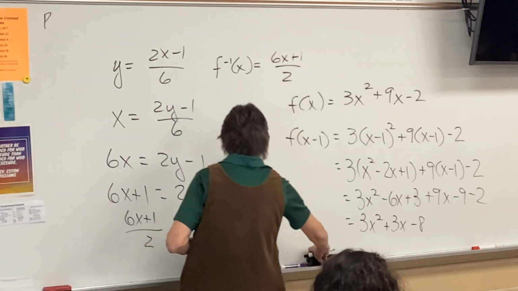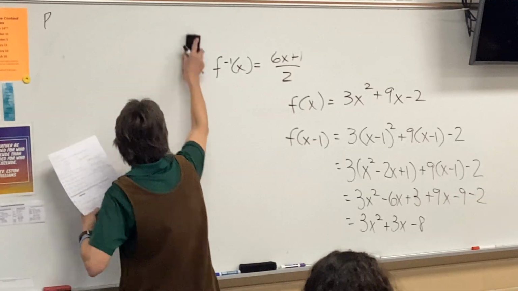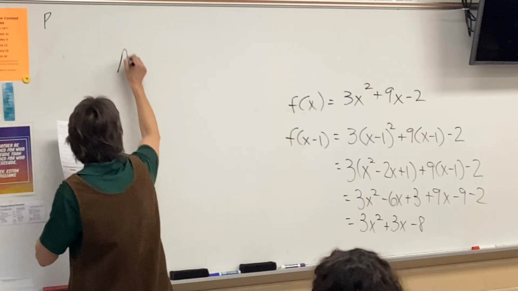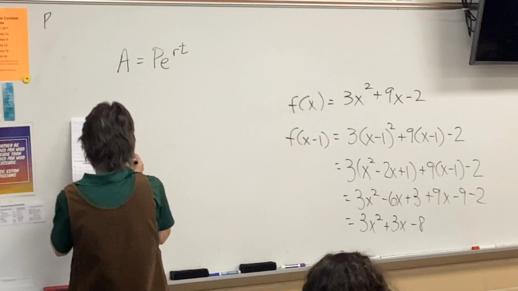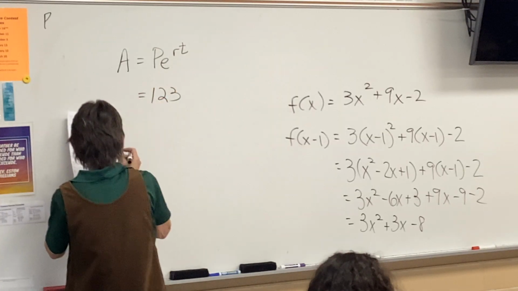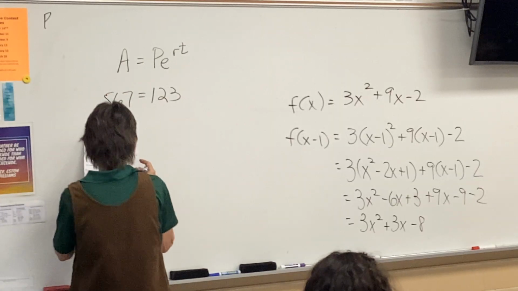I need a formula for number 12. Which formula am I going to use? PERT, yep, that's PERT. And I start with 123 of them, and they're growing into 567 of them.